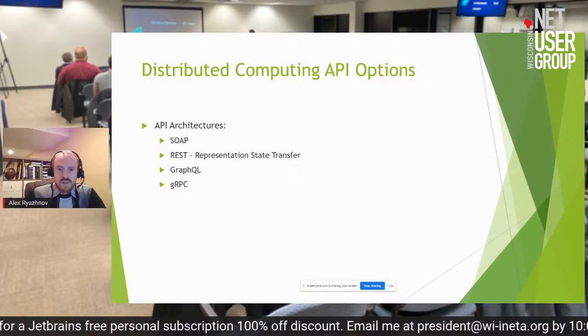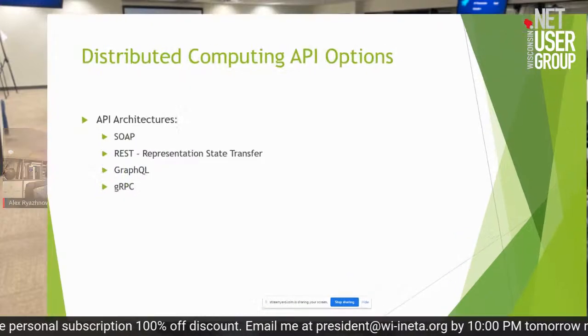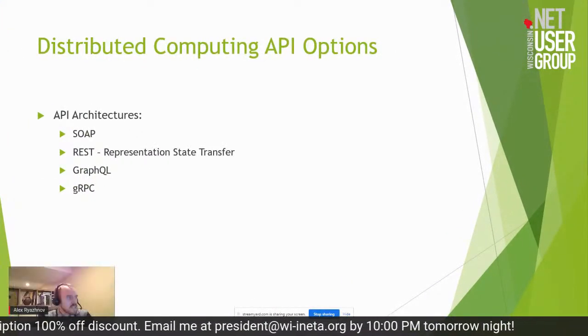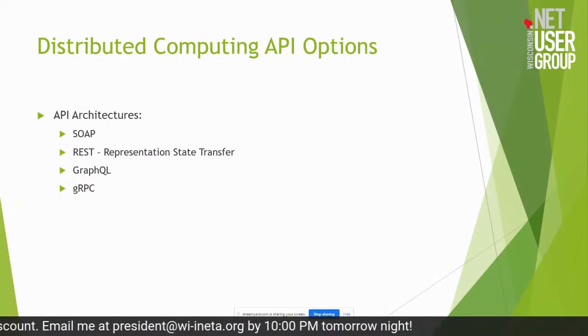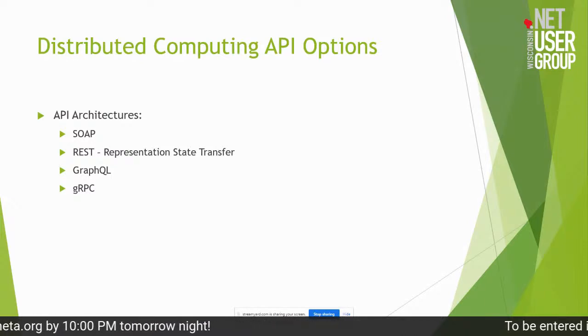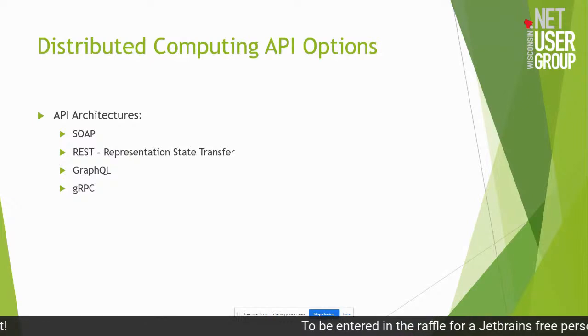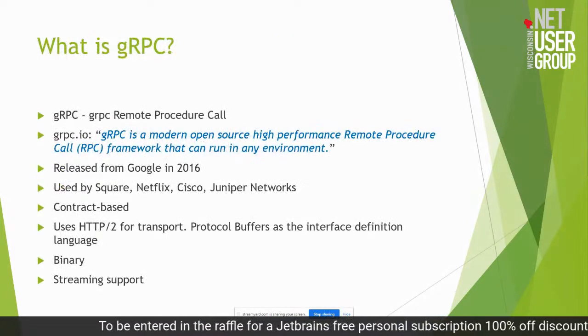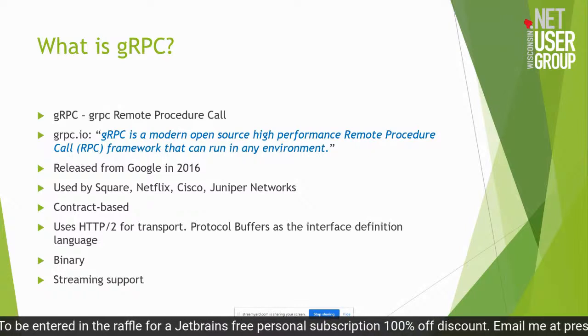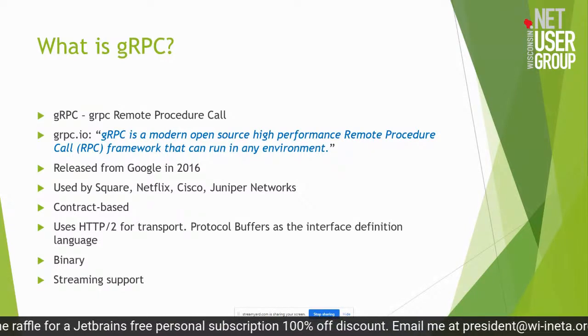So when doing distributed computing, we have to choose a communication protocol for our APIs. And there are a few primary architectures: SOAP, REST, or representational state transfer, GraphQL, or the gRPC focus of this talk. So what is gRPC? gRPC stands for gRPC Remote Procedure Call.